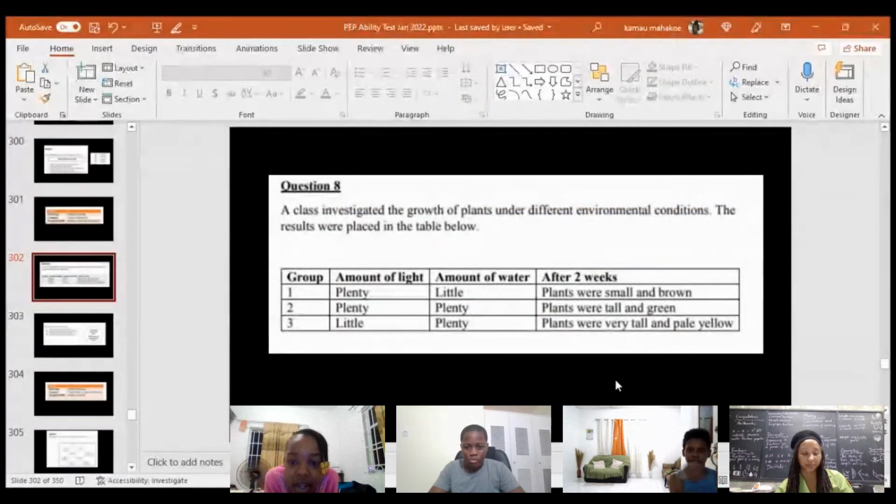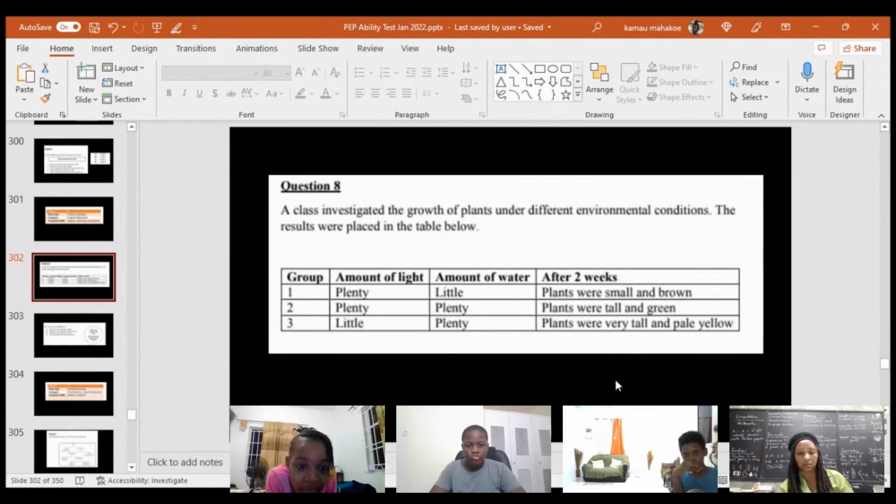Question 8. A class investigated the growth of plants under different environmental conditions. The results were placed in the table below. Group 1: amount of light, plenty; amount of water, little.